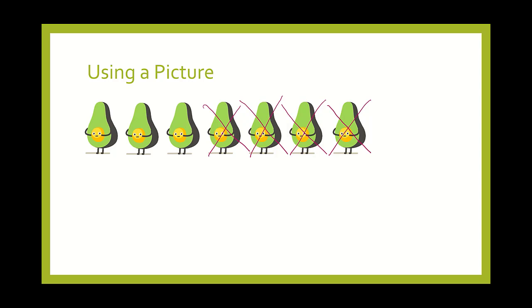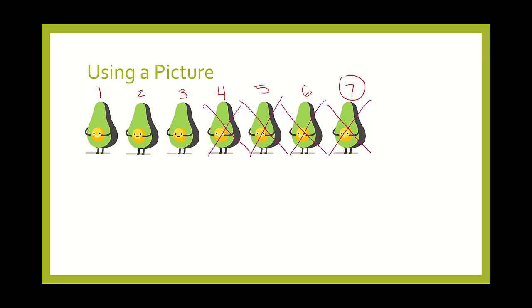So you can use a picture to help you write a subtraction sentence. What we're going to do first is count how many we have all together in the group. How many avocados do we have all together? So let's go ahead and count them. 1, 2, 3, 4, 5, 6, 7. So we have 7 all together.